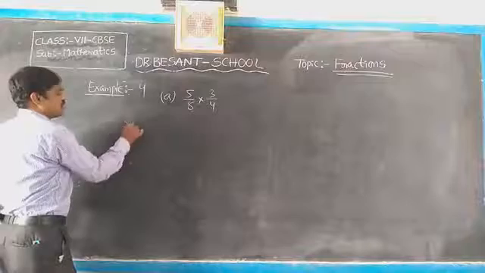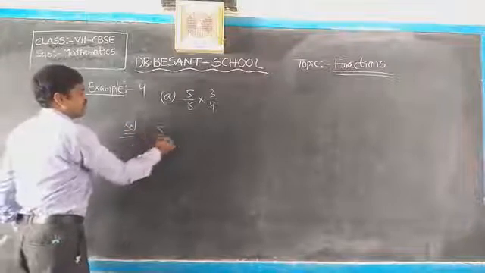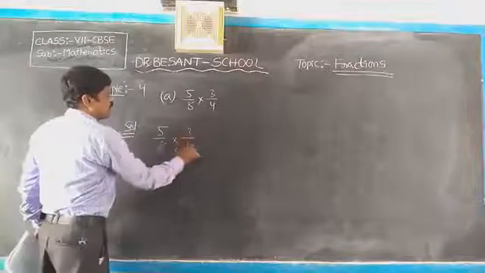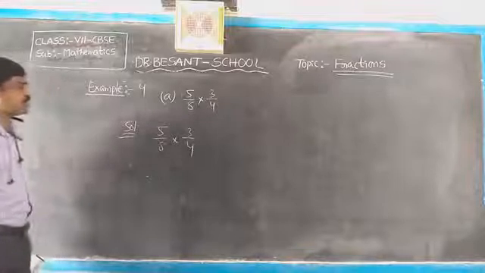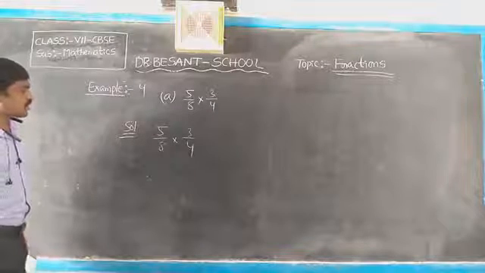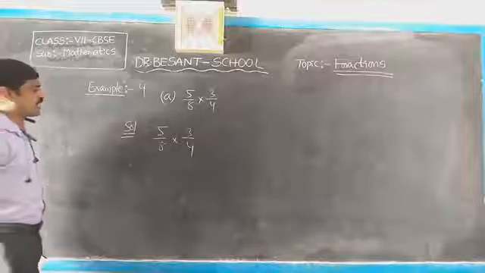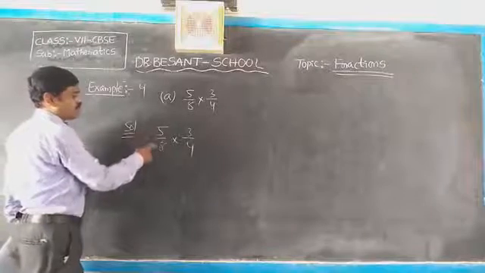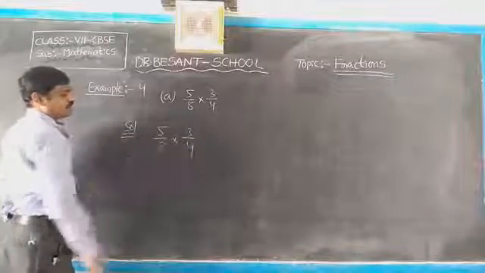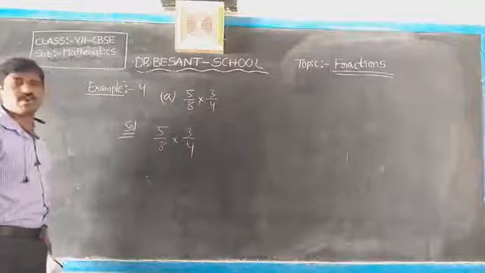So observe here, 5 by 8 into 3 by 4. Simplification is not possible. Why? Because there are no common factors for 5 and 8 or 5 and 4. There are no common factors.